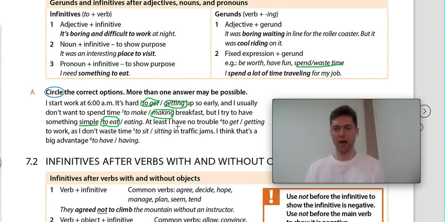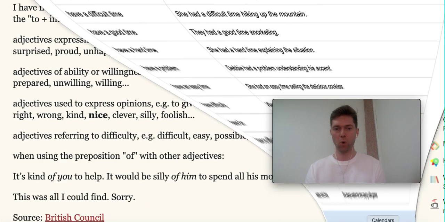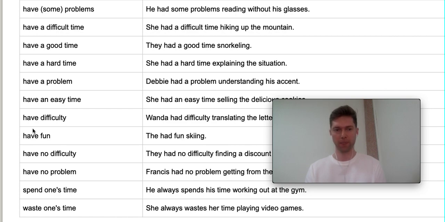Next, I have no trouble. So you think trouble is a noun, but actually, surprise, have no trouble is one of the fixed expressions. So you can see here, have no problem. Since problem and trouble is almost the same, have no trouble is a fixed expression. So here's a list of fixed expressions that you can just pause and try to remember and try to study.